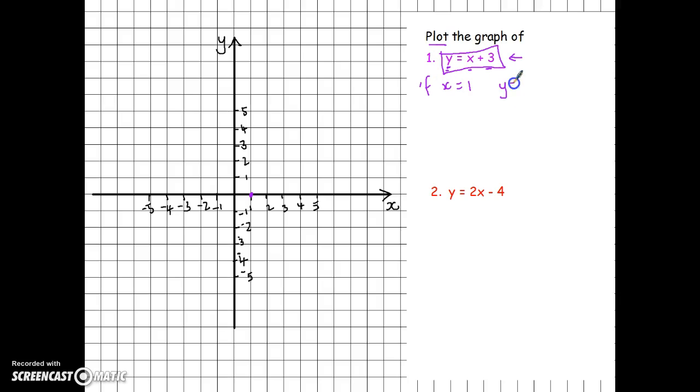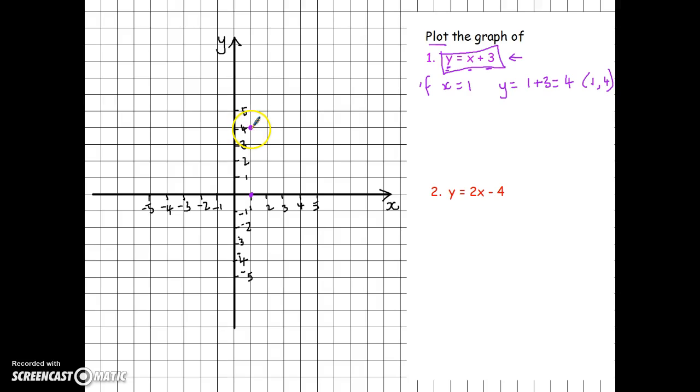So the y value is my x value that I chose plus 3, so my y value is 4. So I need to put on the point x equals 1, y equals 4. X equals 1, y equals 4 up here.